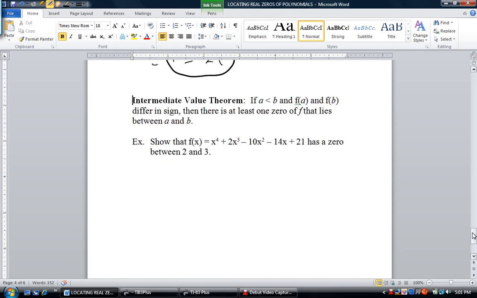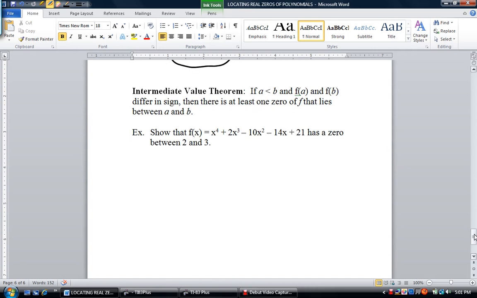The last thing we're going to talk about is the intermediate value theorem. What it says is that if you have two x values, and when you substitute those into the function there's a difference in the signs, then there has to be a 0. Here's what that means.